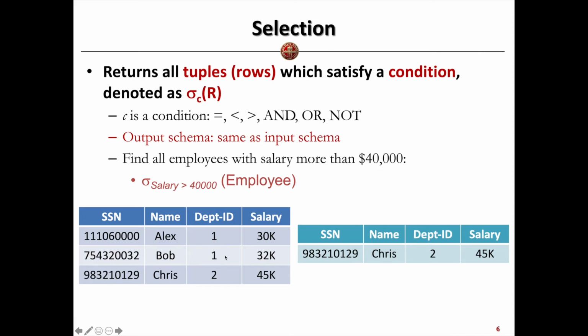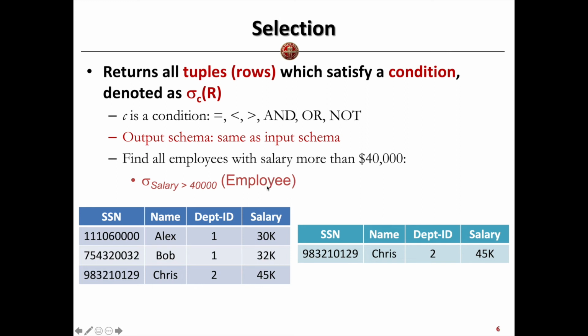And let's assume you have an application and you plan to find all the employees whose salary is greater than 40K. Then how can we find out which employees can meet our requirements? This is more like a query we plan to execute on this relation, the employees.